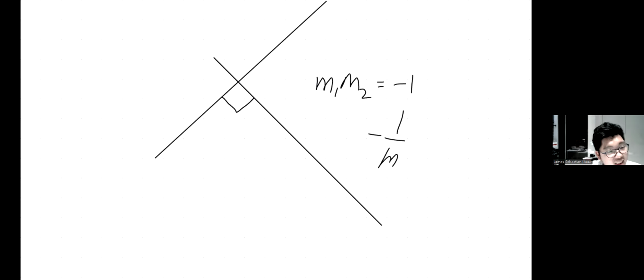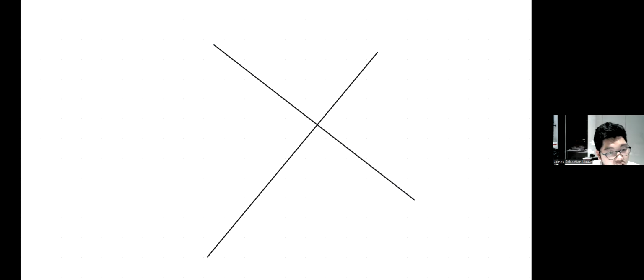And this, alongside your midpoint formula, x1 plus x2 over 2, y1 plus y2 over 2, then allows you to find the equation of a line perpendicular to another line and passing through the midpoint of that line.